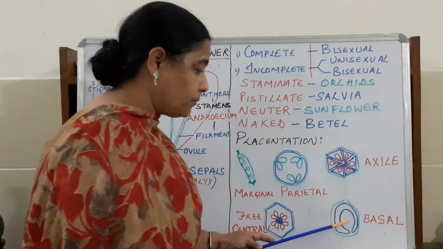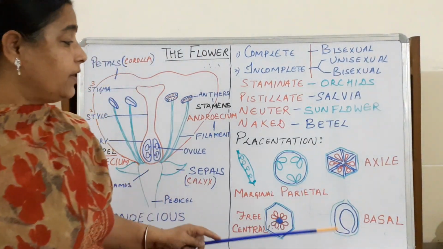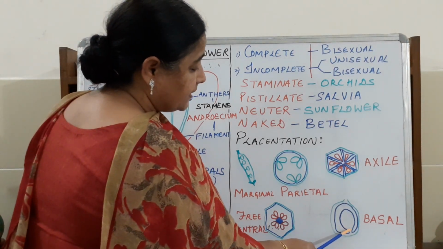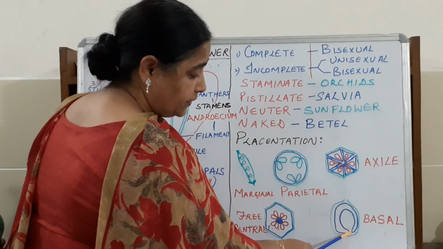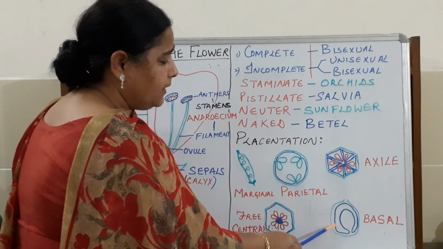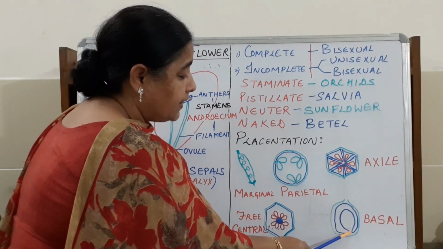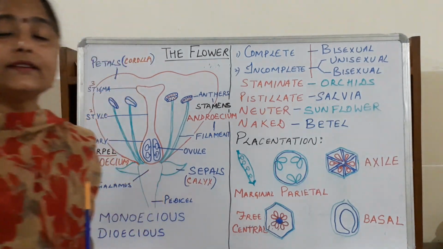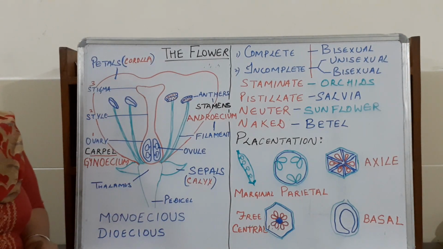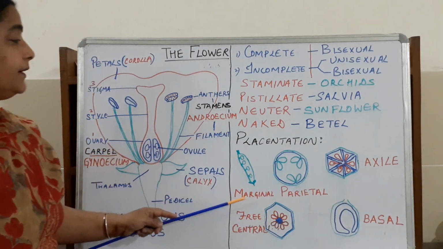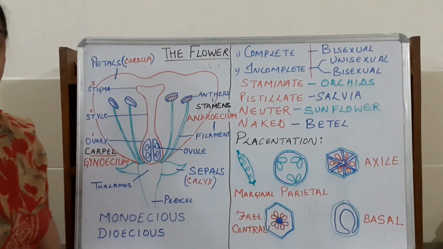Now, talking about the last arrangement, there is only one ovule present, and the ovule is attached to the ovary through the placenta on one side of the ovary. Over here it is at the lower part, so it is called basal placentation. So these are the various terminologies related to placentation.